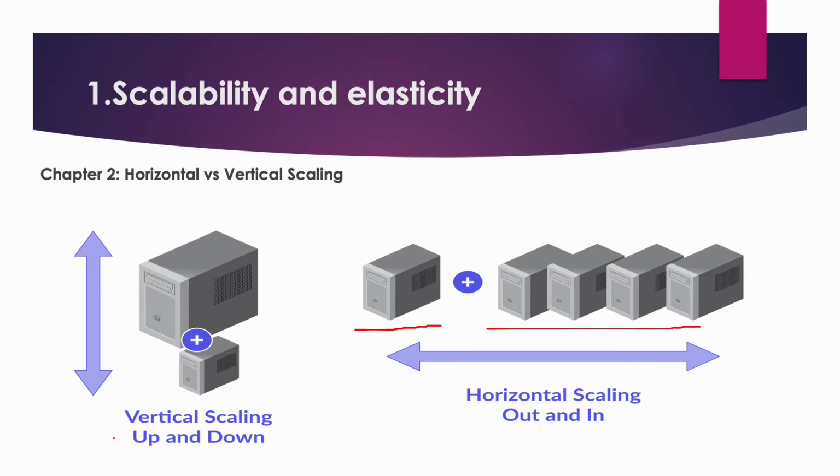As you can see here in vertical scaling, initially you have a small server, but as your workload grows, you need to add more power to the server. For a physical server, it's very difficult to add more power due to the limitation of its capacity. So normally in vertical scaling, you need to go for bigger hardware.